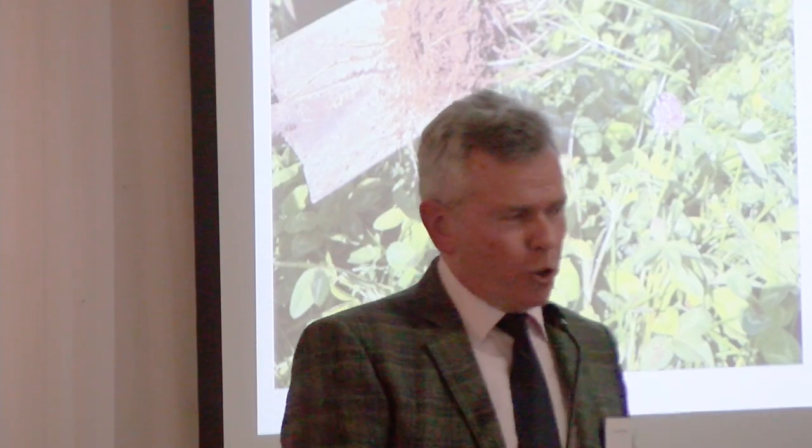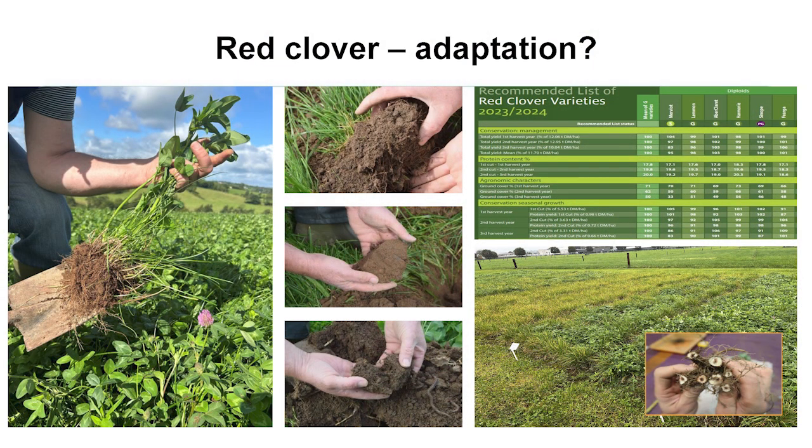And just a cautionary note on the right-hand side, there's a lot of varieties of red clover out there. We have to be very careful when we're judging which red clover variety to plant, and that's for the here and now. We were down at the Chuggas Moor Park trial. Photograph in the bottom right of the slide shows there were 2 varieties out of about 12 are the only 2 that you would consider planting.